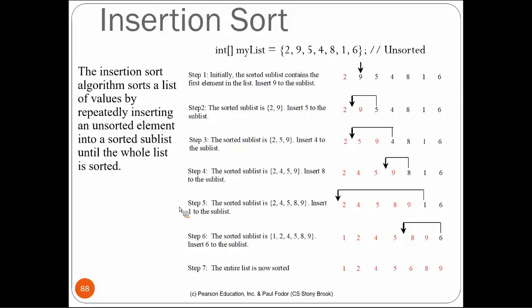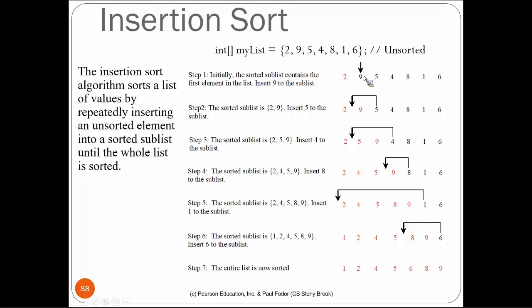A similar method is insertion sort. Insertion sort considers that the beginning of the array is sorted. So for every element that occurs after the sorted prefix of the array, we need to insert it in the correct order in the prefix that is sorted. For instance, we consider that 2 is already sorted.